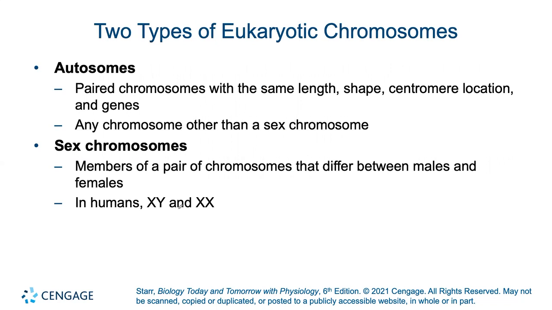The set from your mom is called the maternal homologue, right? And the set from your dad is called the paternal homologue. Okay? And you have a pair of each of the chromosomes, 1 through 23. Right? The sex chromosomes differ between male and female. In humans, XY makes male and XX makes female.